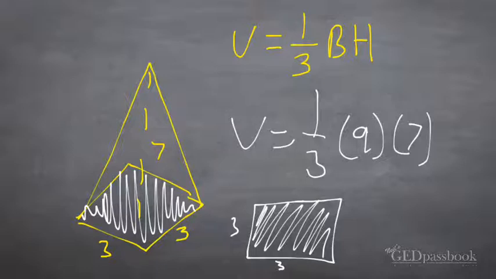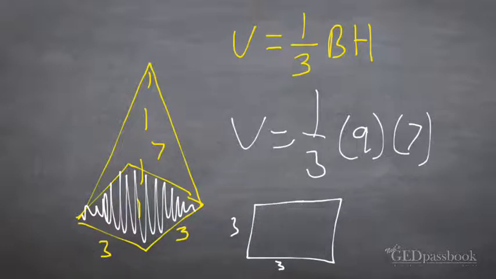So when they say base in the three-dimensional formulas, not the 2D ones, when you see the variable B, that literally means the area of the bottom shape. In this case, you multiplied the two 3's to find the area of the square, which ended up being 9.